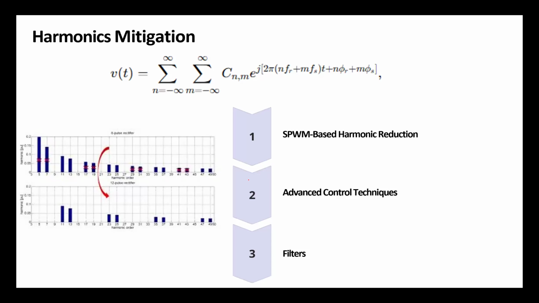The carrier frequency that we saw before is also a parameter in the output, and its multiples. Are we good? The initial phase angle that we have for our reference frequency and its multiples, and the initial phase angle that we have for our carrier waveform, and its multiples.